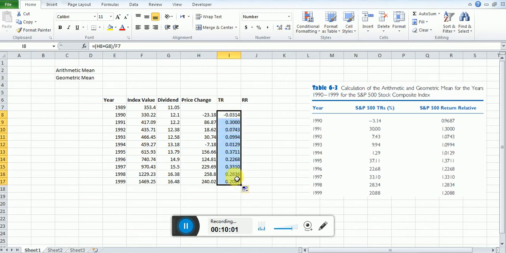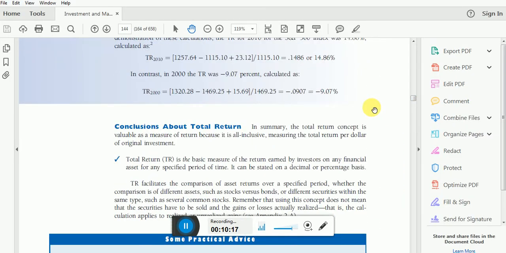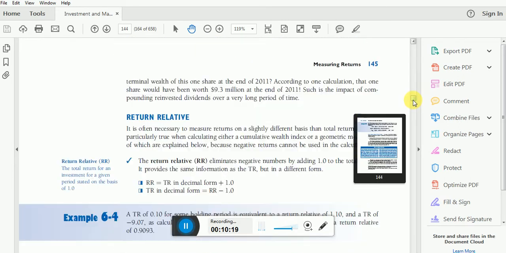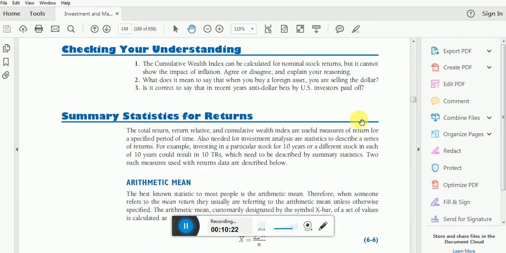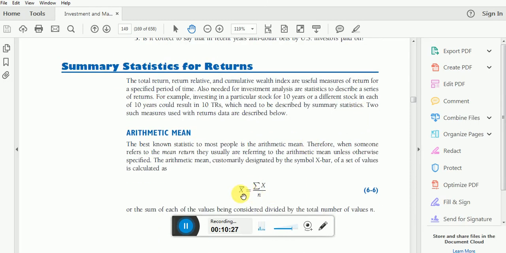So dear students, if you want to measure the average return in this given period of 10 years, then we have a formula. As I have already explained, the formula for arithmetic mean is x bar equal to summation x divided over n.